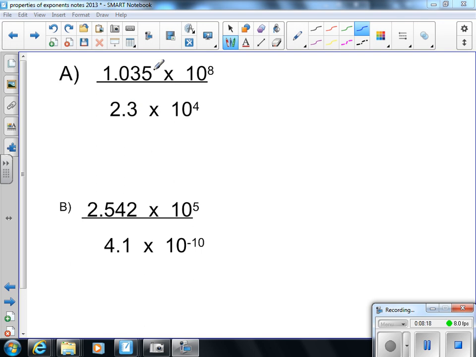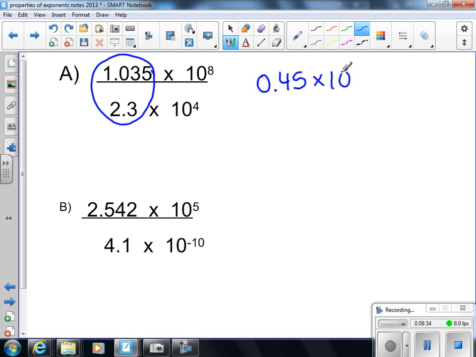Like we did multiplication, let's go ahead and divide this together first, please. Okay, did you get 0.45? Okay, times 10 to some power. Well, what do I do since these are the same base numbers? And that's something you kind of recognize.